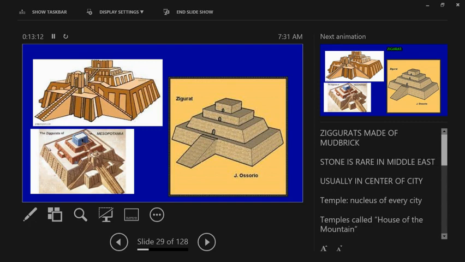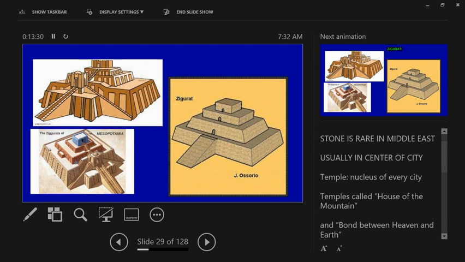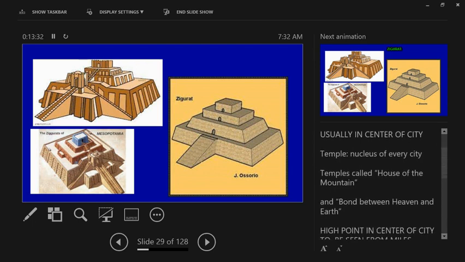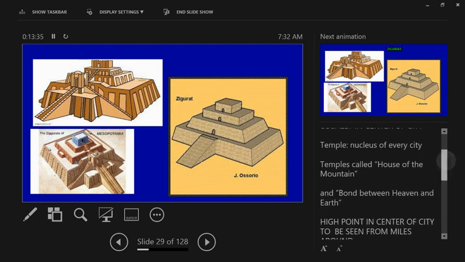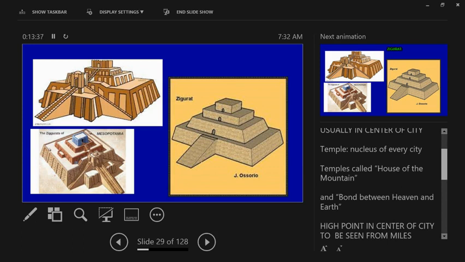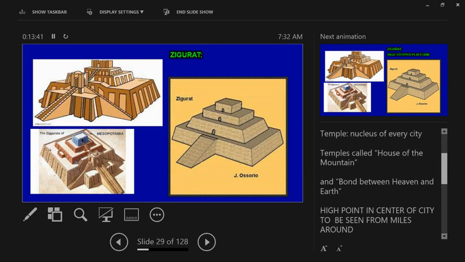So they are basically making mud and forming it into bricks and letting it sun dry in the sun. This is usually in the center of a city, and the temple is the nucleus of every city. And temples are called houses of the mountain.